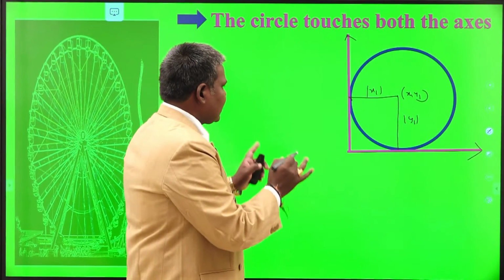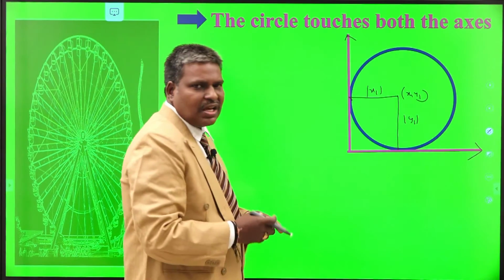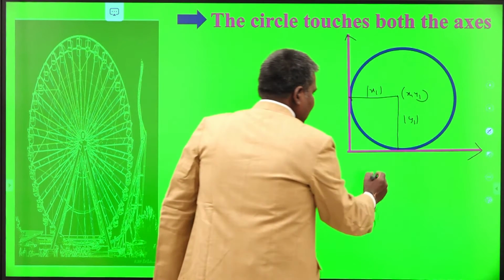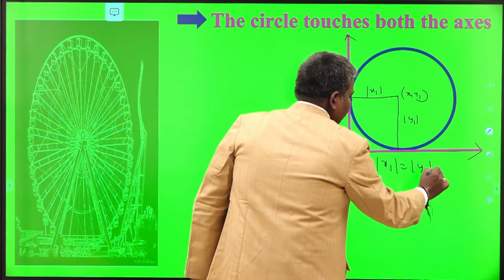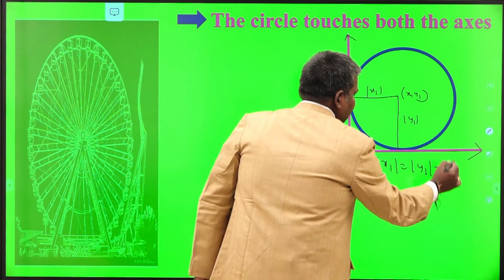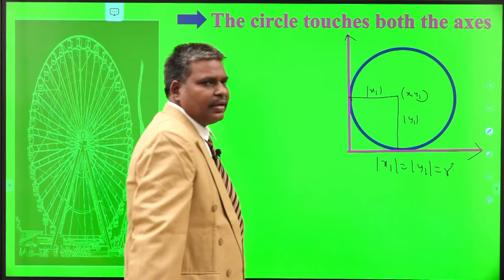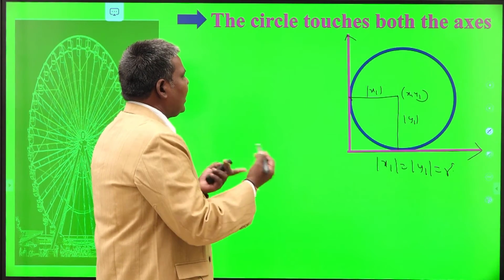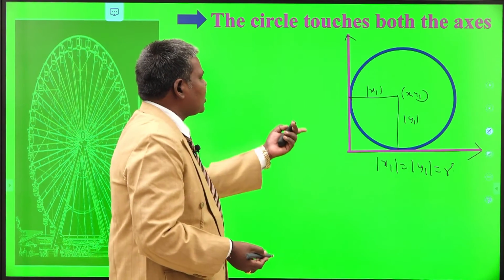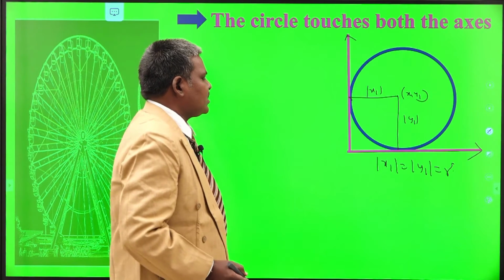Therefore, for a circle that is fixed, the radius is always constant. From the figure itself, we have modulus of x1 is equals to modulus of y1 is equals to radius of your circle. So you have the center x1 y1 and radius is mod x1 or mod y1, both are say r.